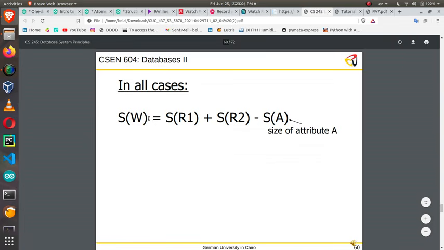And the size of each tuple in the result set equals the size of each tuple in R1 plus the size of R2 minus the size or the unit size of the common column, because it's common, so we have added it twice. So let's remove one of them.